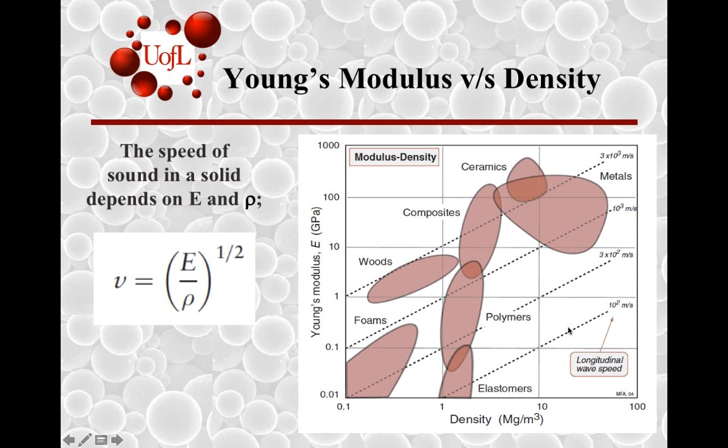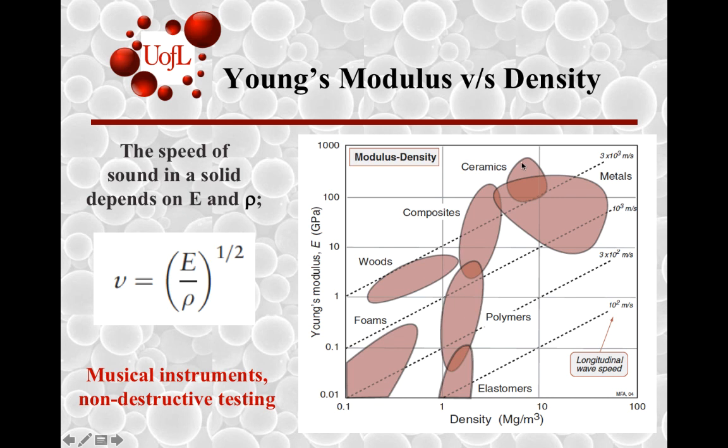As you go to higher regions in this E versus rho plot and higher intercepts, you will be able to get larger values of sound propagating through this. Some things to consider are the implications of this plot for designing musical instruments, or for using the propagation of sound to evaluate defects or estimate material properties, such as the modulus.